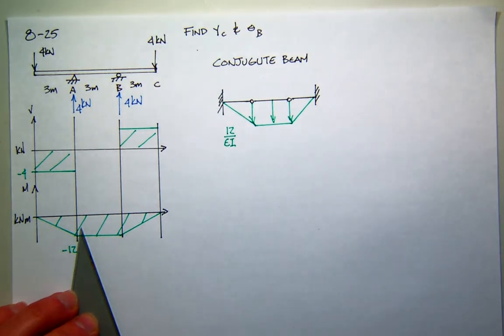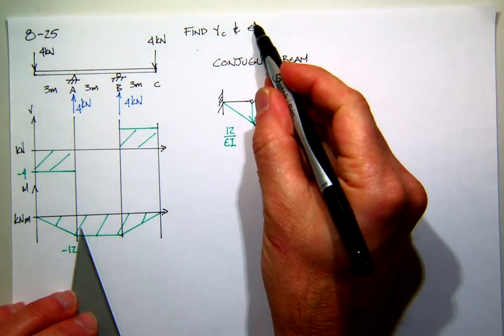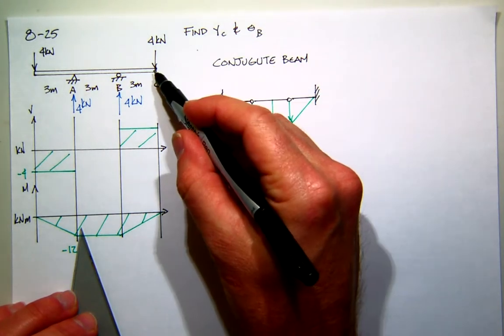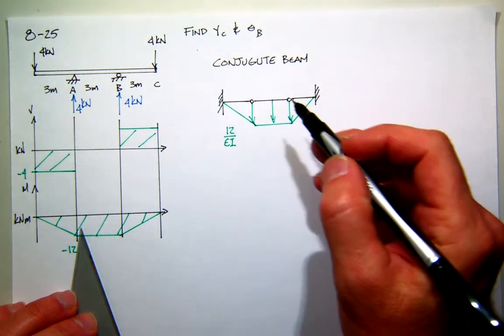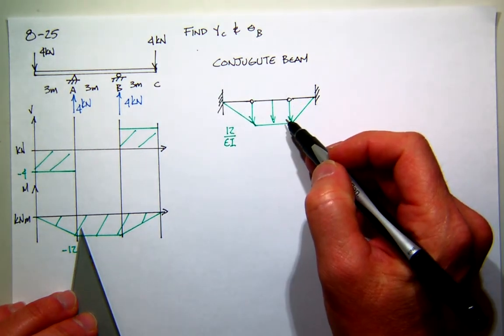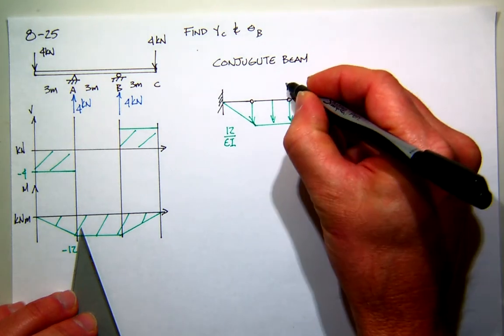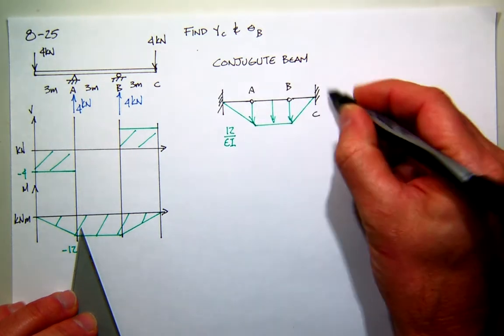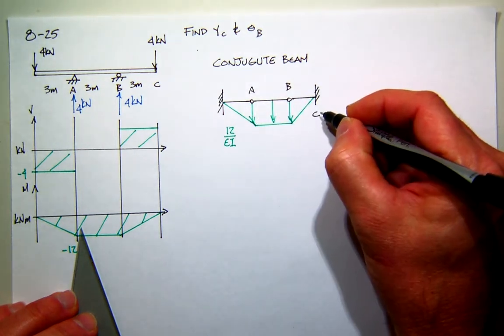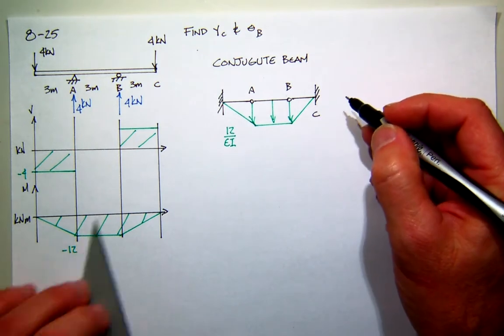The problem asks for the displacement at C. So the displacement in the real beam is the moment in the conjugate beam. So this is still point C. Here's B, and here's A. So I got to find the moment at this reaction. So let's draw the free body diagram for that, just kind of conceptually.